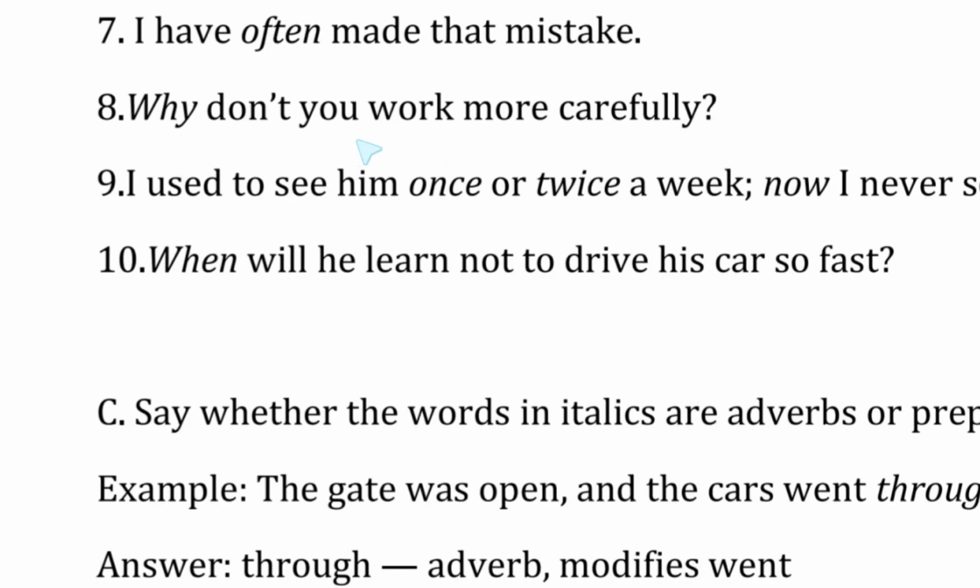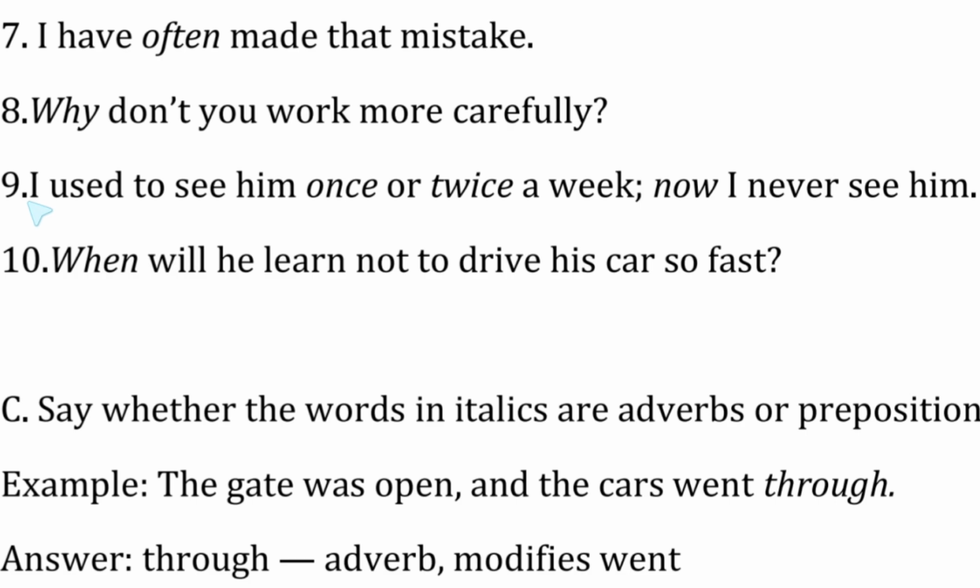Number 8, why don't you work more carefully? Here why is an interrogative adverb in the sentence because it asks a question about the reason or cause of something. Number 9, I used to see him once or twice a week. Now I never see him.